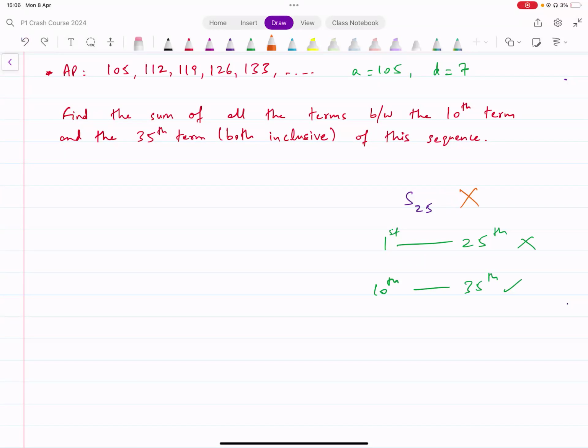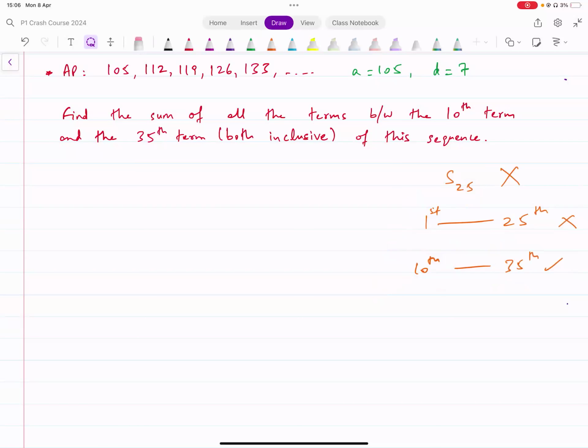Okay. So what do we do then? How do we actually find the terms that we're looking for? Sir, can we do S35 minus S10? S35 minus S10, will that work?